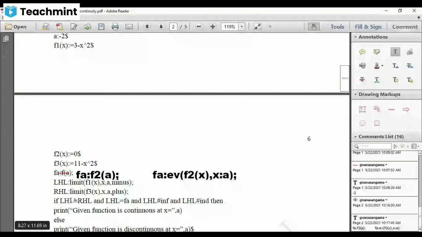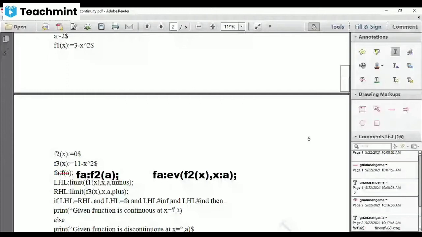If LHL is equal to RHL and LHL is equal to FA, we have stored f of a in FA, remember, and LHL is not equal to infinity and LHL is not equal to indeterminate, then print, within simple brackets, within double apostrophes, write: given function is continuous at x equal to. If you write this, it will be printed as it is till here.